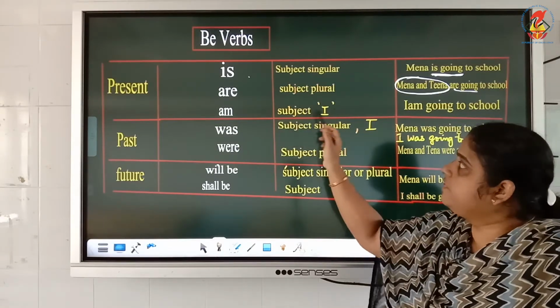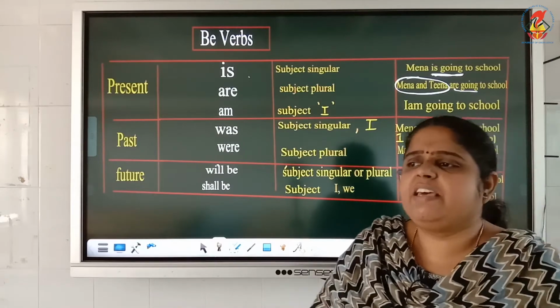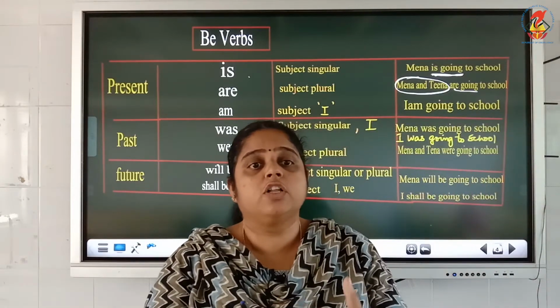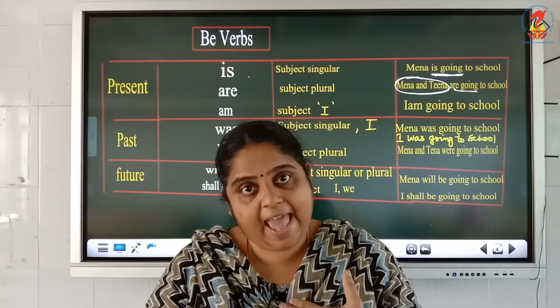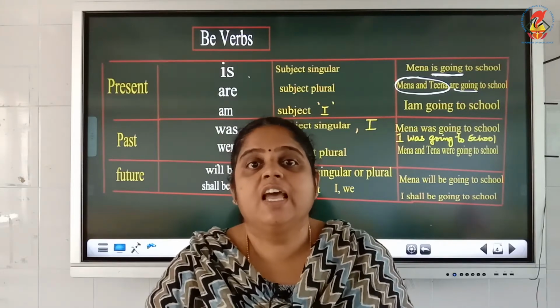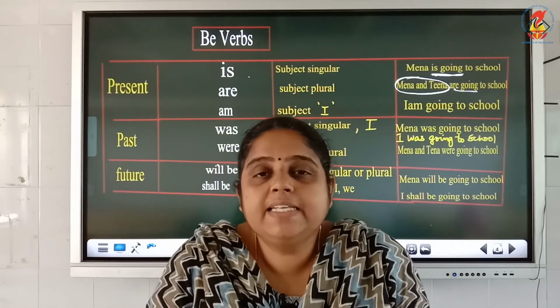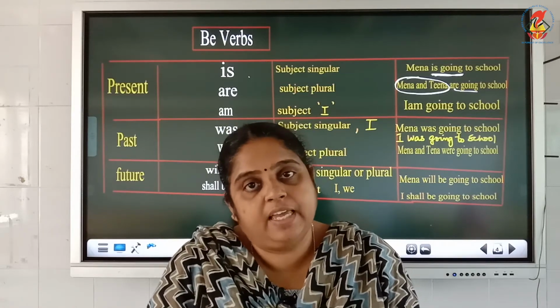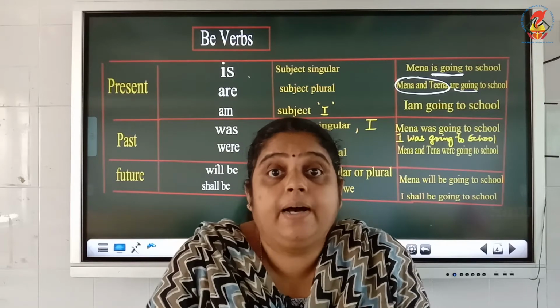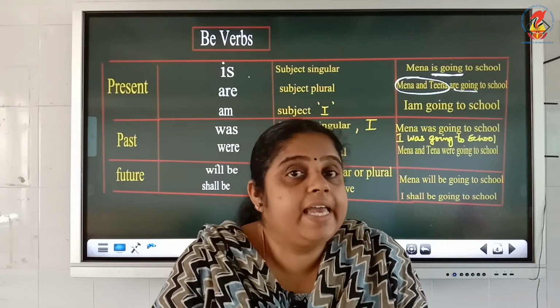Then, if the subject is I, it is a very special case. For each and every one of you, I am very important, isn't it? Like that, in grammar also, I is considered a special category. Even though I is singular, usually we consider I as plural.